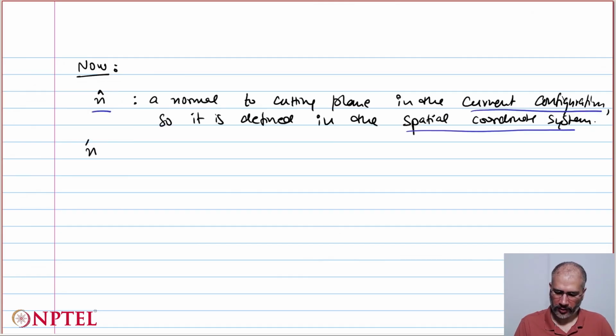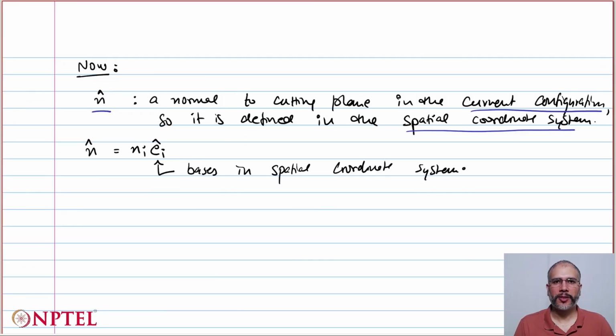So if you're expressing n hat in the spatial coordinate system, that means we write this as ni ei hat, because ei hats are the basis vectors in the spatial coordinate system. And this is because our analysis is typically performed for the current configuration.